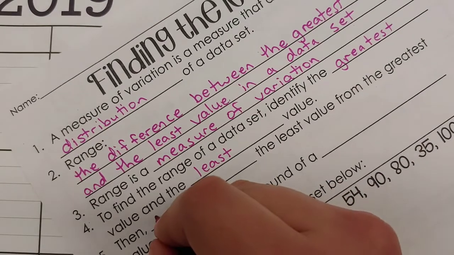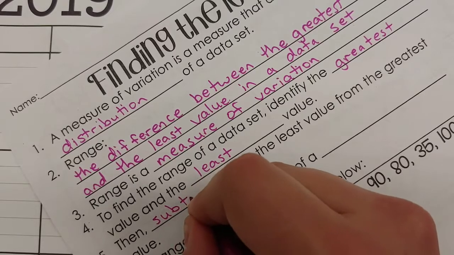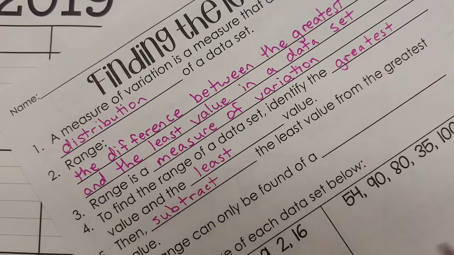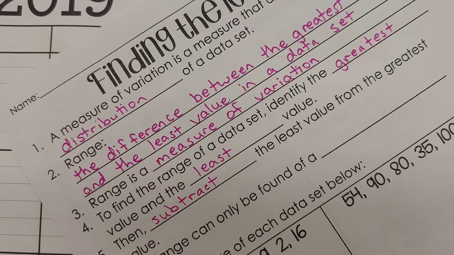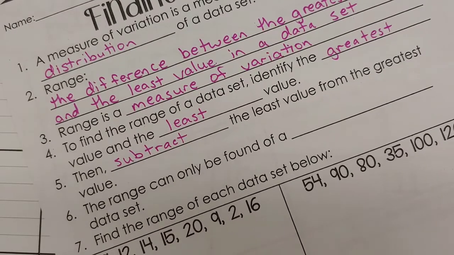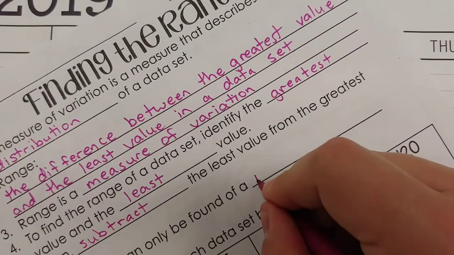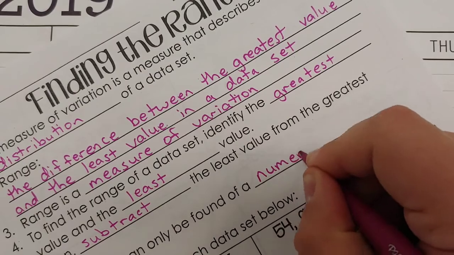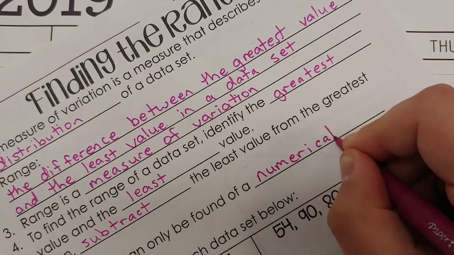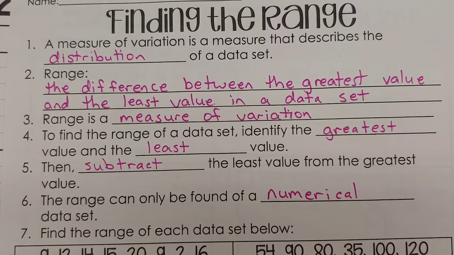Then subtract the least value from the greatest value. The range can only be found of a numerical data set. Okay? Go ahead and pause this if you need to get this information down.